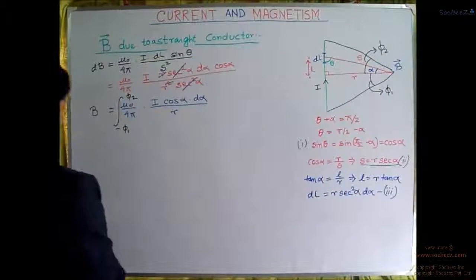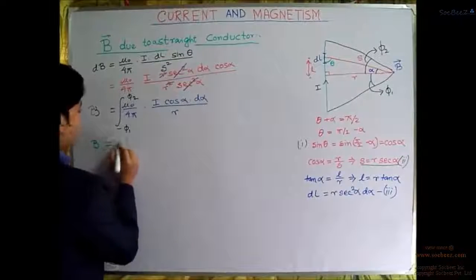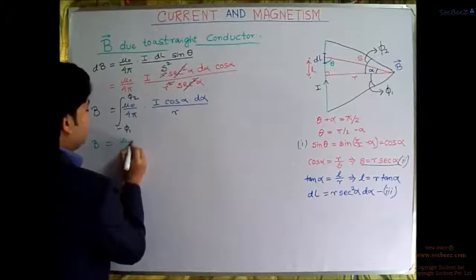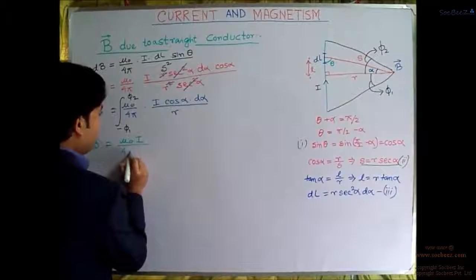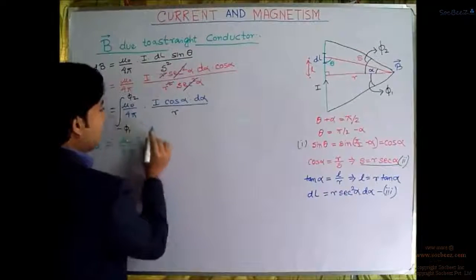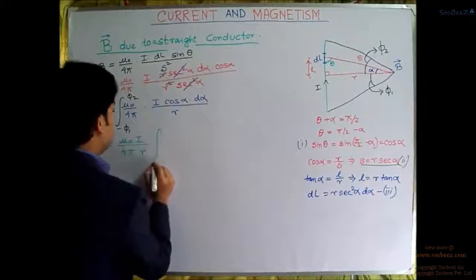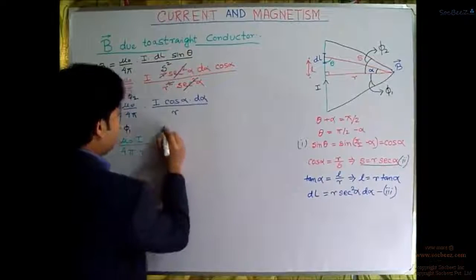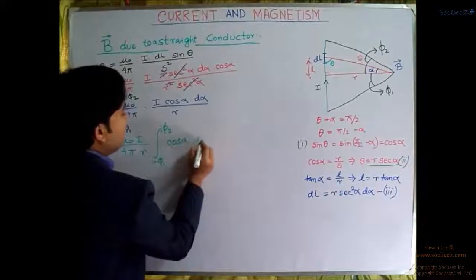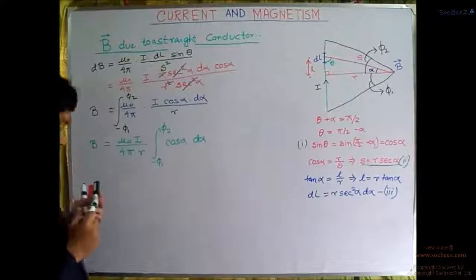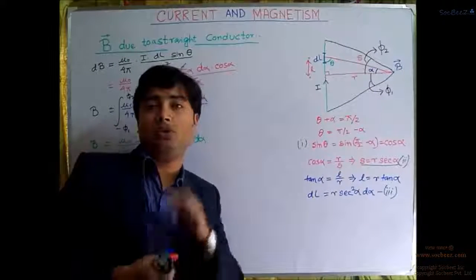So we can write it as B equals mu naught I divided by 4 pi R, integration from minus phi 1 to phi 2 of cos alpha d alpha. As we know, the integration of cos theta with respect to theta simply gives sine theta.